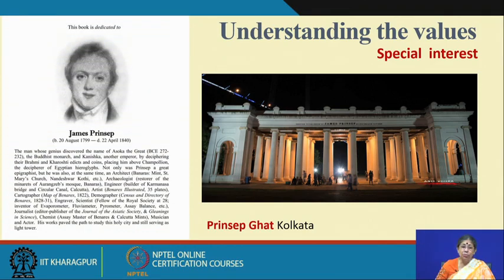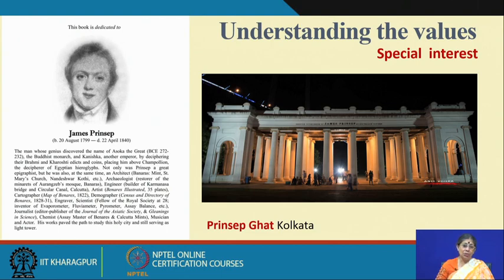James Prinsep was a mint master and the founder of the Asiatic Society, but he is more well known because he discovered the name of Ashoka the Great. He was responsible for deciphering the Brahmi and Kharoshthi edicts and coins, because of which we have evidence of King Ashoka.